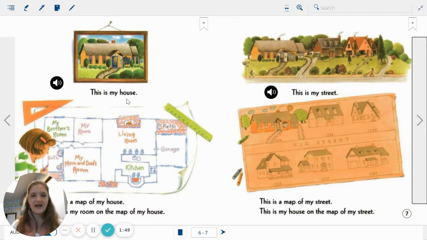This is my house. This is a map of my house. This is my room on the map of my house. So you can see again, she's drawn what her house looks like from above, all the different rooms there. And there it says, my room.